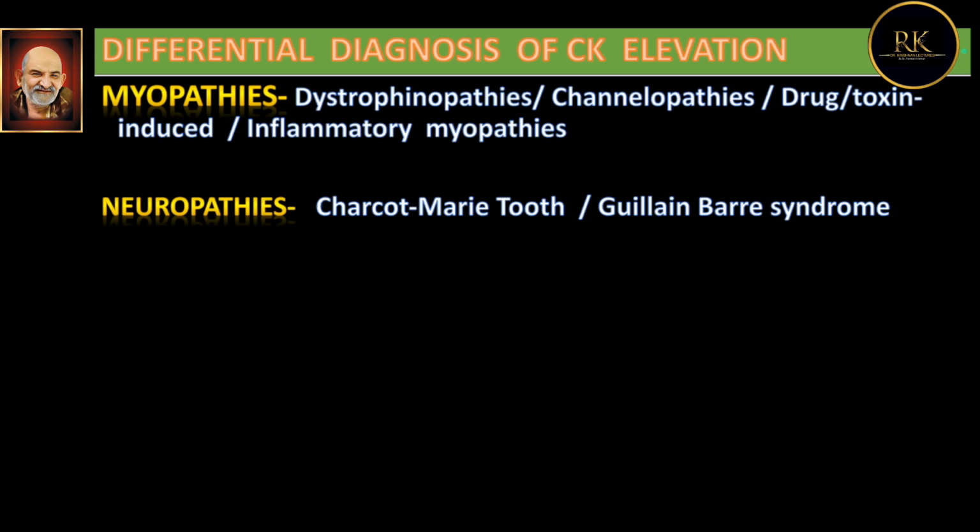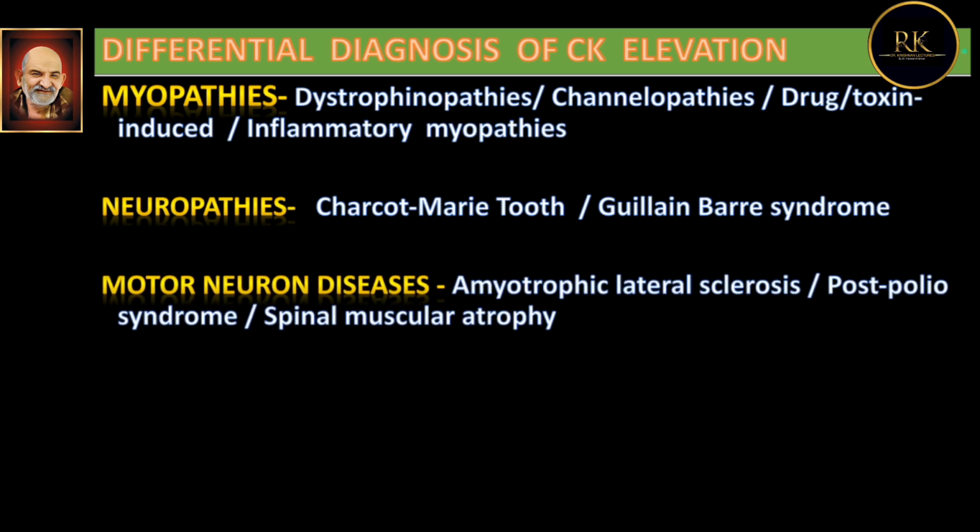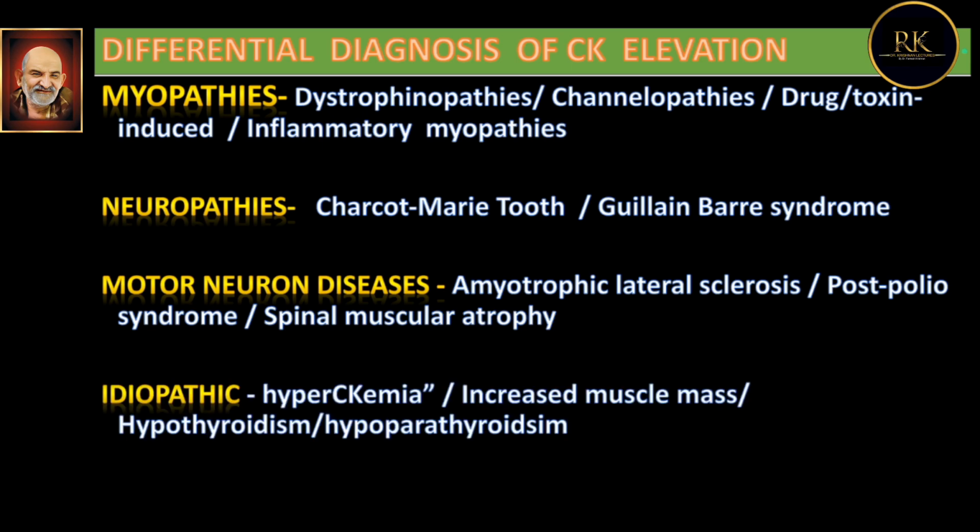Motor neuron disease that can be associated with CK elevations include amyotrophic lateral sclerosis, post-polio syndrome, and spinal muscular atrophy. Other causes include hyperkalemia, increased muscle mass, hypothyroidism, and hypoparathyroidism.